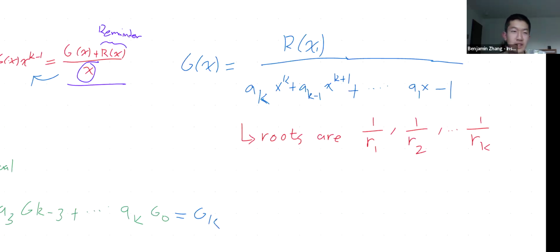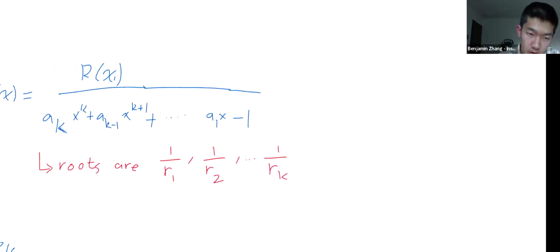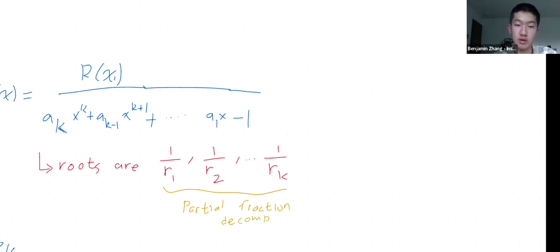And what we can say is that this is the part where partial fraction decomposition works. If you haven't learned this yet, it's fine. But now we will have to use partial fraction decomposition. It means that we can factor this bottom as a series of reciprocals of the roots.